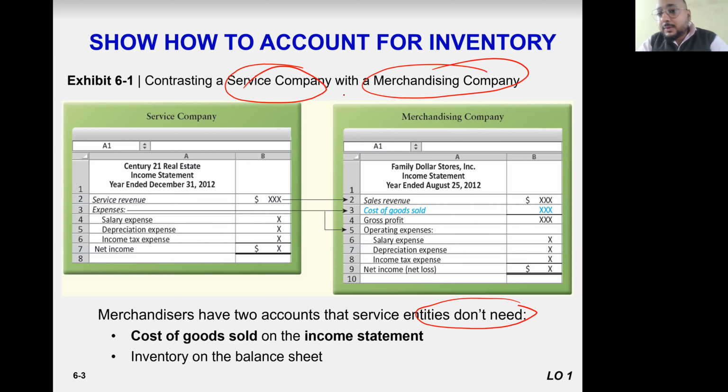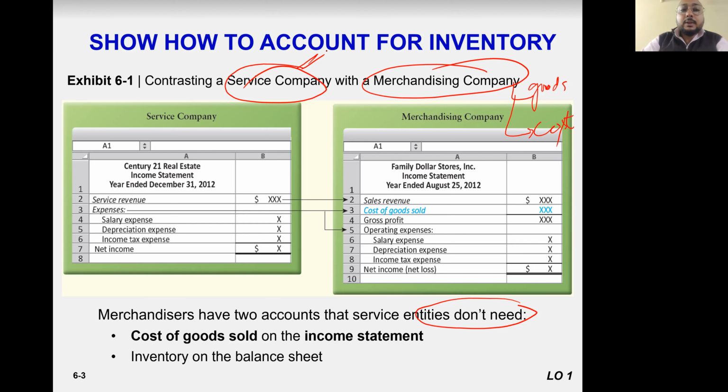The difference between a service company and a production or merchandiser company is that in a merchandiser you have physical goods, and when you sell them, you also have the cost of goods sold. So we have two accounts that we need to maintain in addition to a service company. In a service company, there is no need for inventory and cost of goods sold.